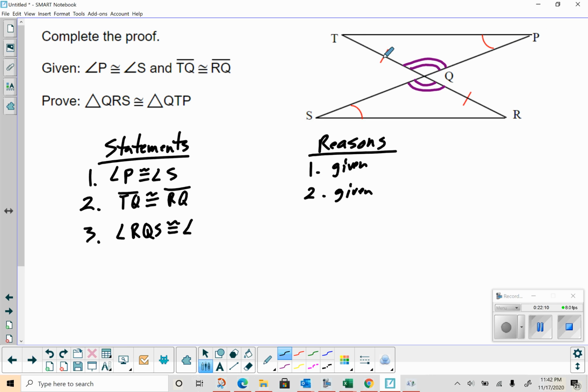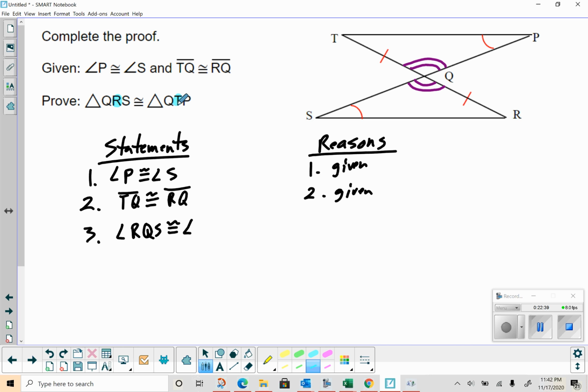is RQS congruent to PQT, or should it be TQP? In other words, I've put point R first, naming this angle. Point R corresponds with what? Now, if you're not sure, they gave you a hint with our congruence statement here. R is the second point that's named. You have to go in corresponding order.